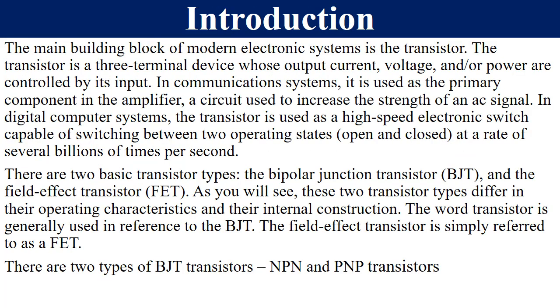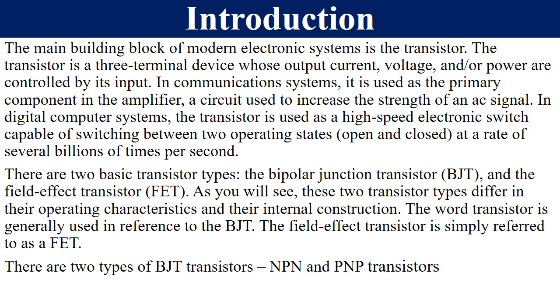A transistor is found in most modern electronic systems, carrying out different functions. It is a three-terminal device. We know BJT is a three-terminal device, and the output of the BJT, whether it is current, voltage, or power, is controlled by the input current.